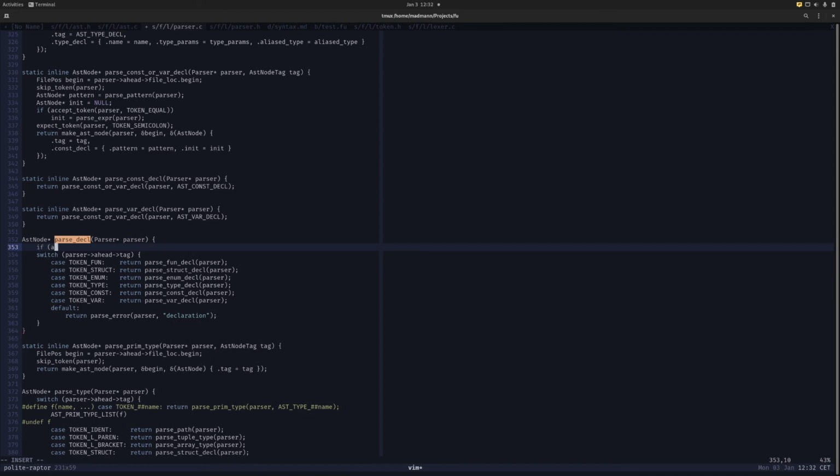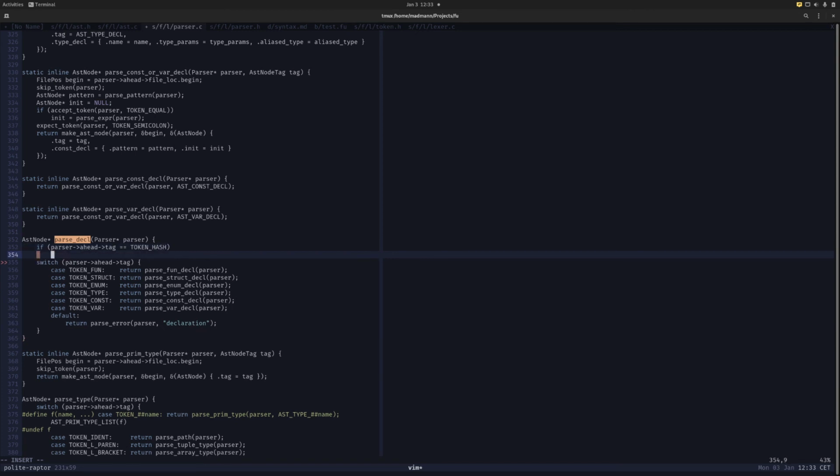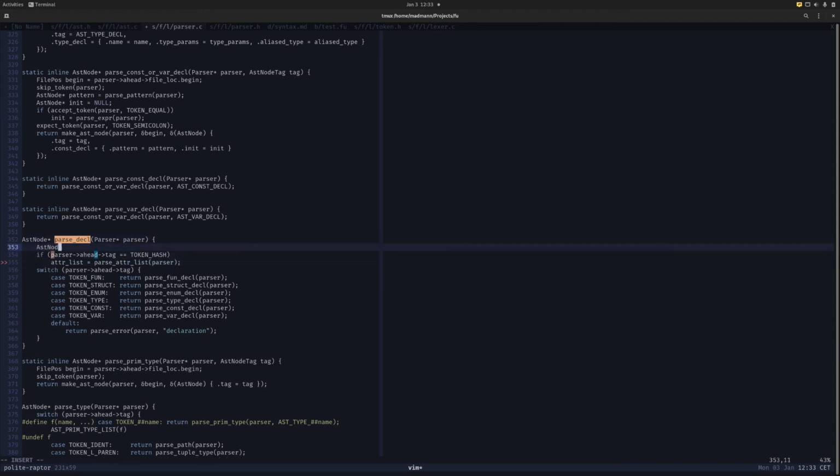So if parser ahead tag equals token hash, attr list equals parser parse attr list, parser, something like this. Of course I need to declare it.